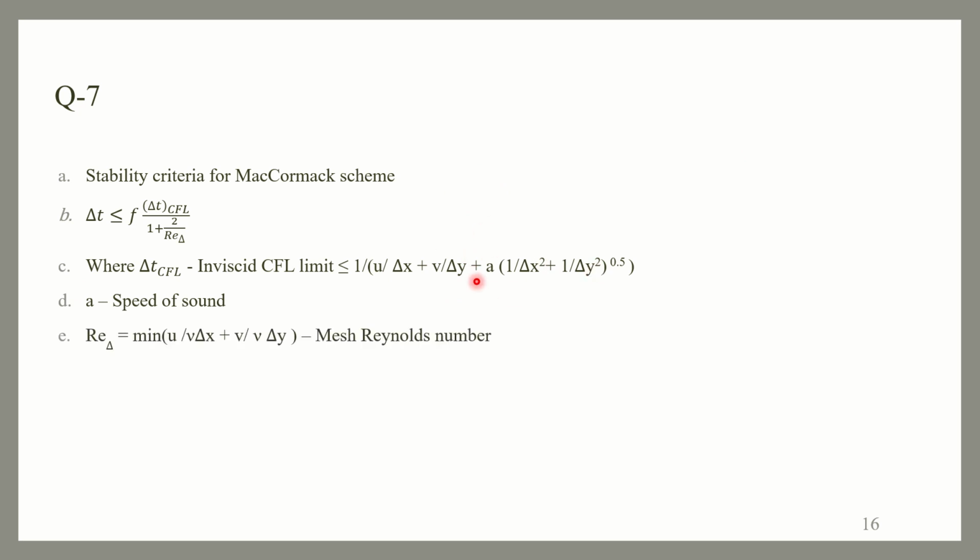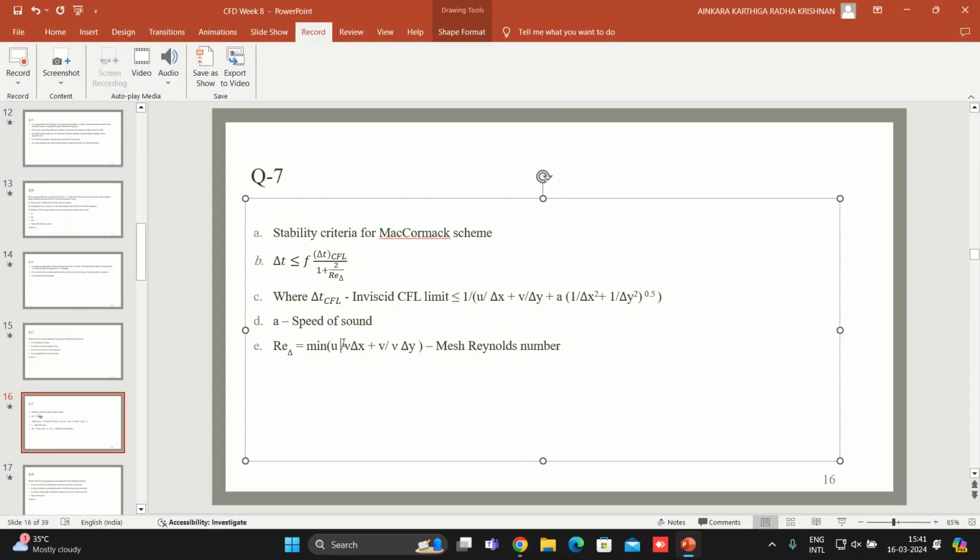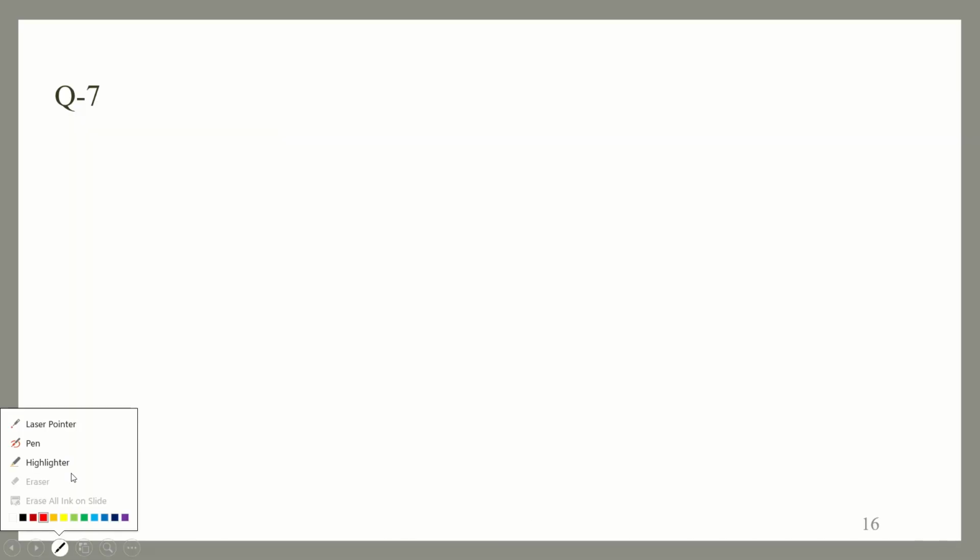RE delta is the minimum of U delta X by nu and V delta Y by nu. So it is nothing but the mesh Reynolds number.